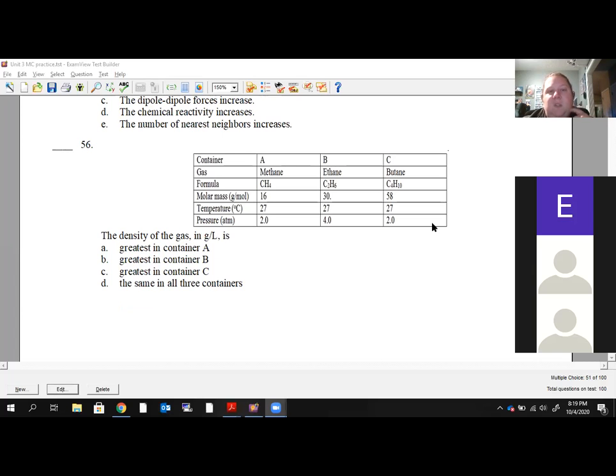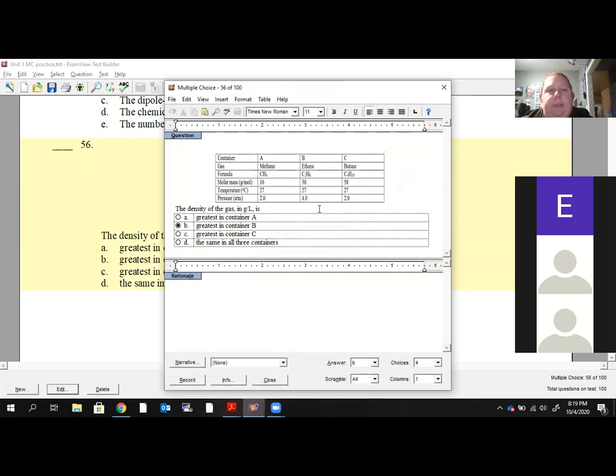They don't tell us how many moles of each we've got. So let's just assume we've got a mole of each. Sound good, right? Can I draw on this? Is it gonna let me draw?